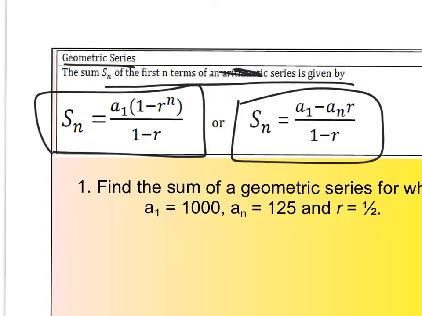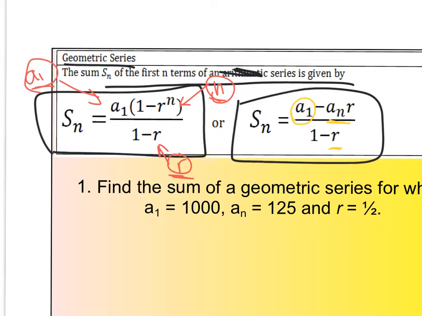In the first one, I'm given a1, I know what the ratio is, and I know what n is. So I know the first term, the ratio, and n. For the other one, I know my first term, I know my nth term, and I know my common ratio.